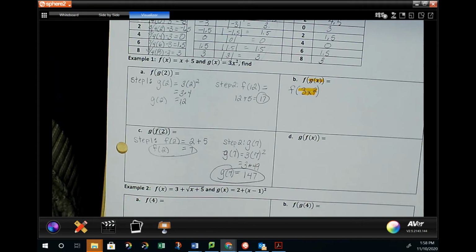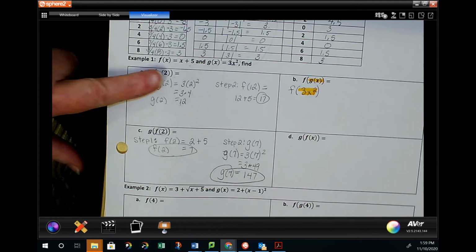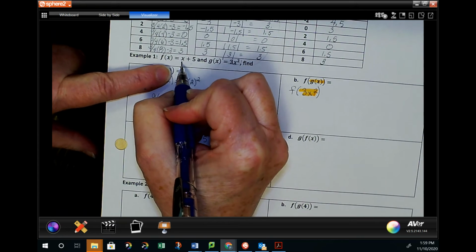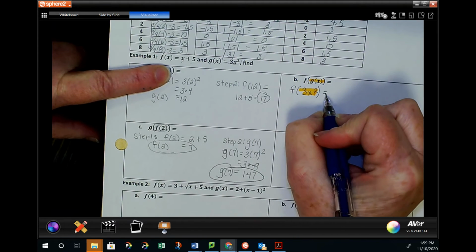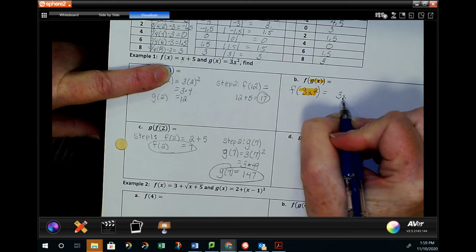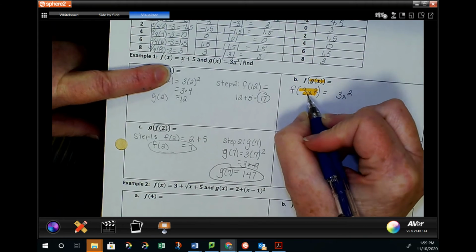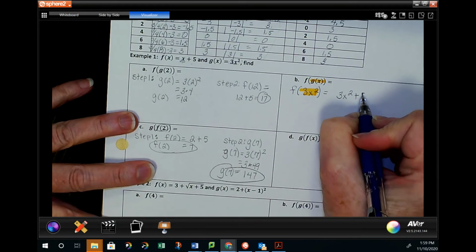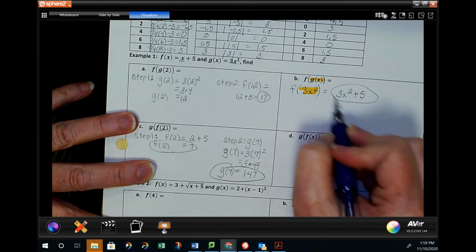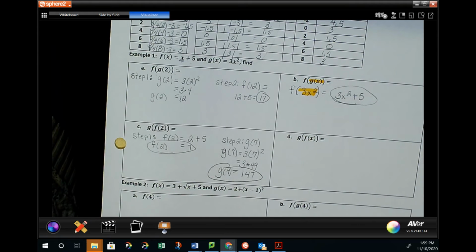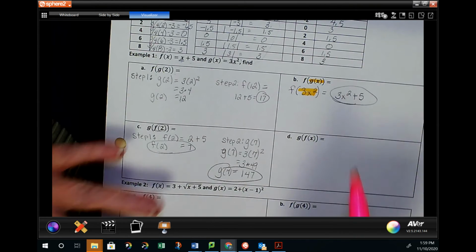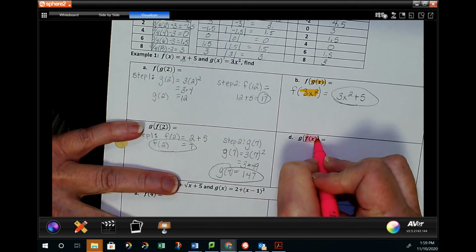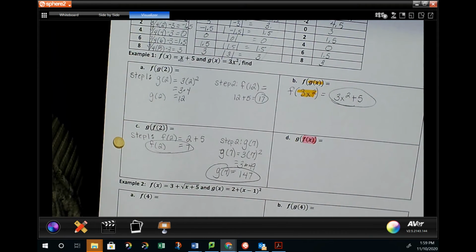So wherever I see an x in my function, this would be 3x squared, because this is now all x. And my function says x, then plus 5. And that's as simple as I can go. So that's my answer: 3x squared plus 5.